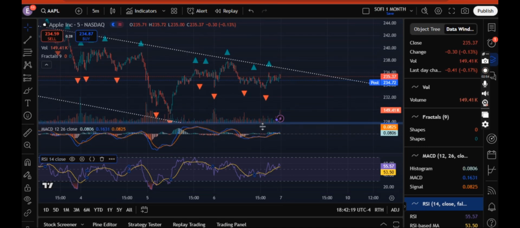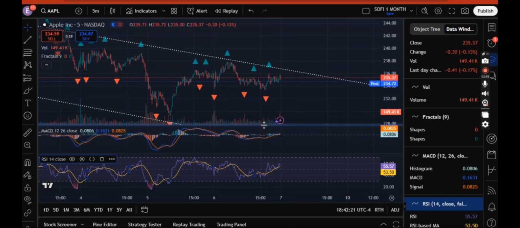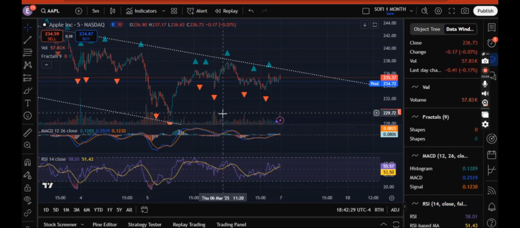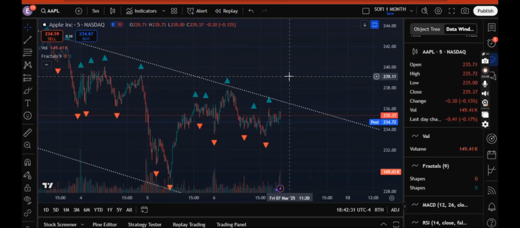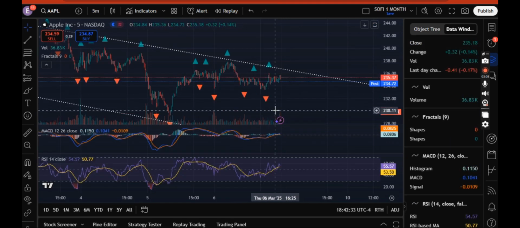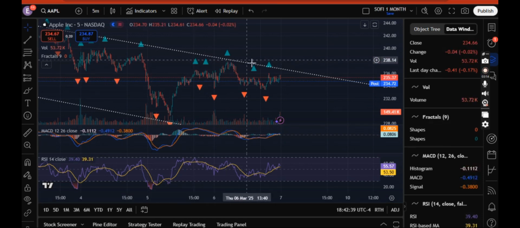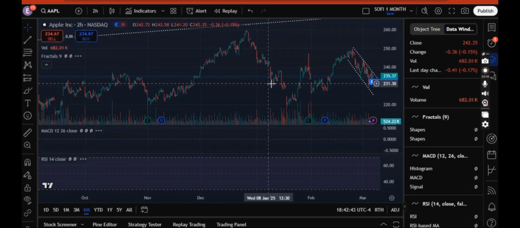Last but not least, you would have your support and resistance lines.